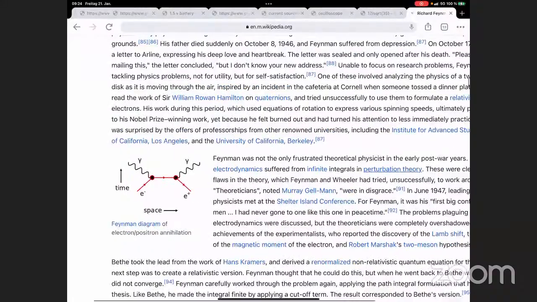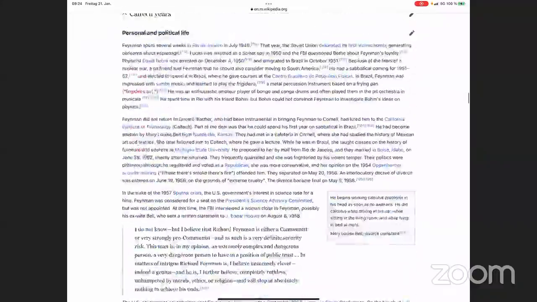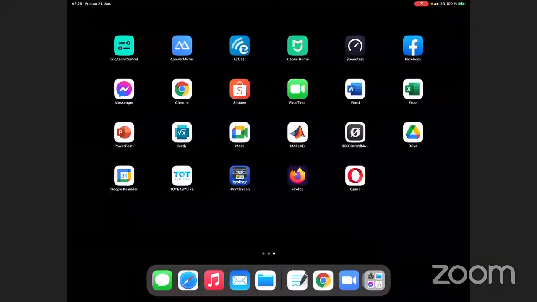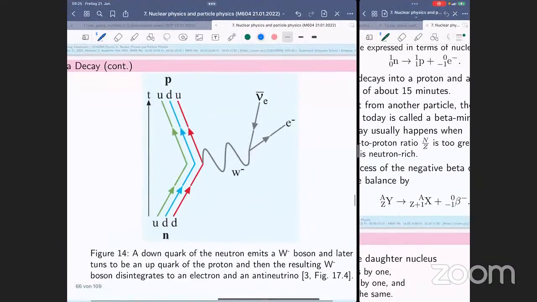That's valid for photons, for any particle in the standard model. He has also made a lecture too. Yeah, this is one of the Feynman diagrams for the neutron to become a proton.